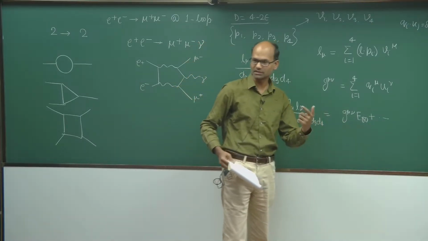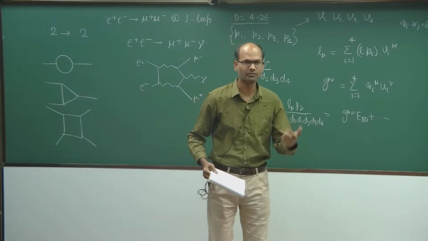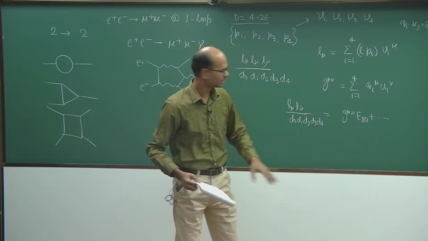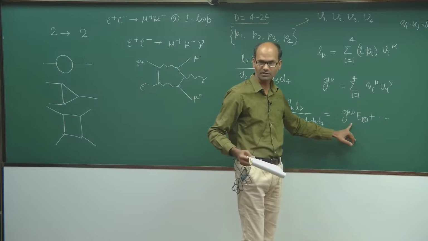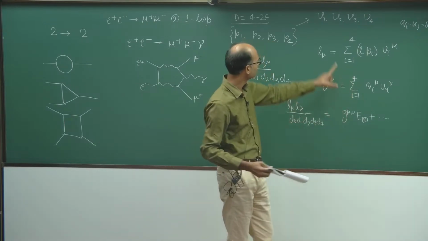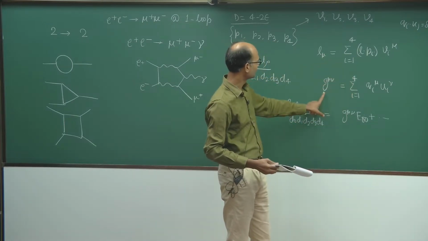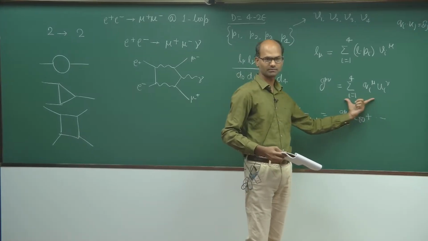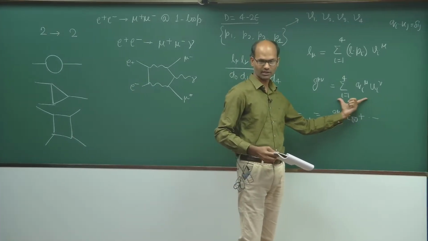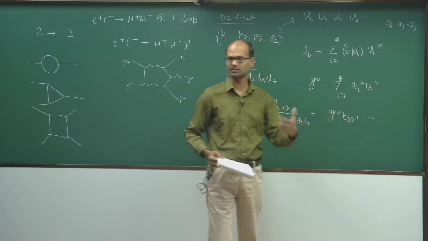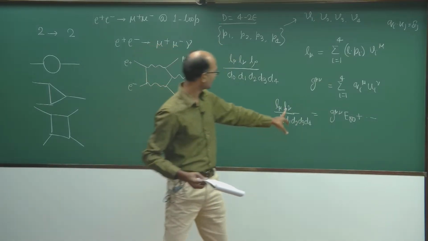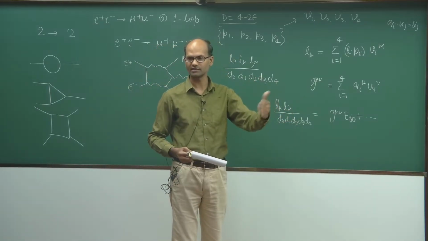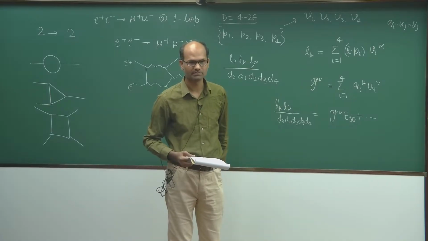At the level of C^{mu nu}, at the level of B^{mu nu}, at the level of D^{mu nu}, this was actually an independent term. But in 4 dimensions, in the 2 to 3 process, because of this fact, this g^{mu nu} is completely expressible in terms of this. Okay. So the decomposition that you do is basically overcomplete, and this is true for both the second rank tensor and any higher rank tensor wherever g^{mu nu} appears. Okay.